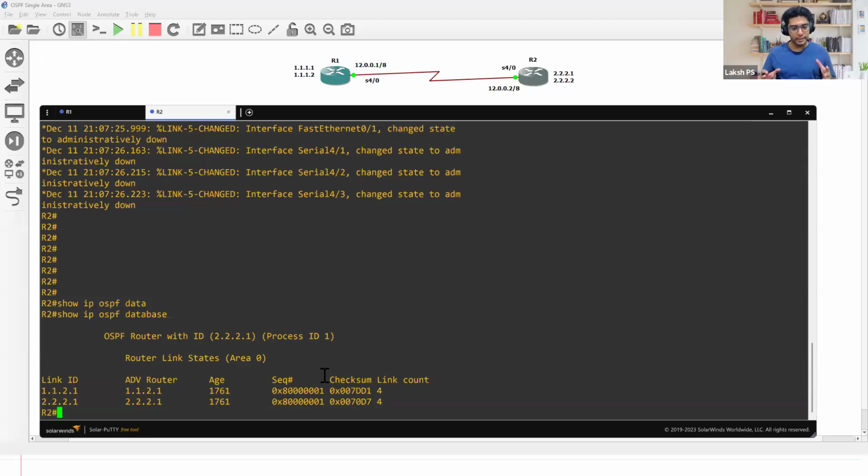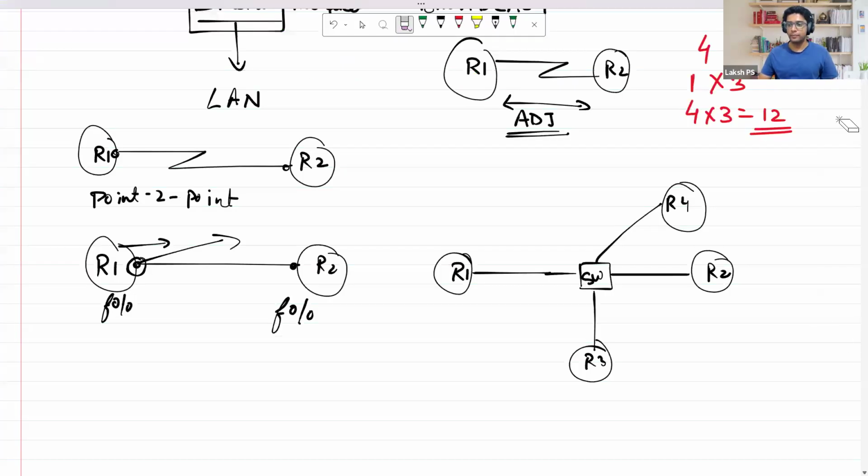R1's database is an exact replica of R2's database; they both have a replica of each other's database. So why is this important? Why do they have a duplicate database with each other? The reason is that is how OSPF basically works.